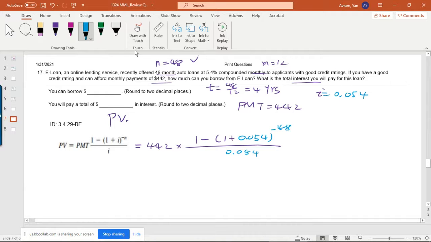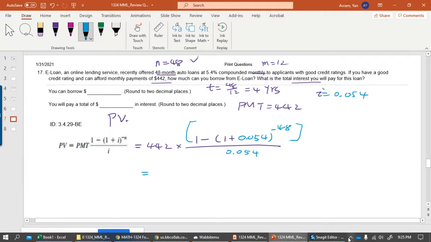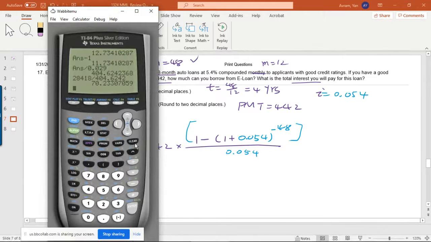All right, so how do we calculate this one right here? You can put it in a calculator, but you have to be very careful. I am going to put a bracket in the numerator to calculate first. So I like to calculate this whole bracket first: 1 minus parenthesis 1 plus 0.054 to the power of negative 48.